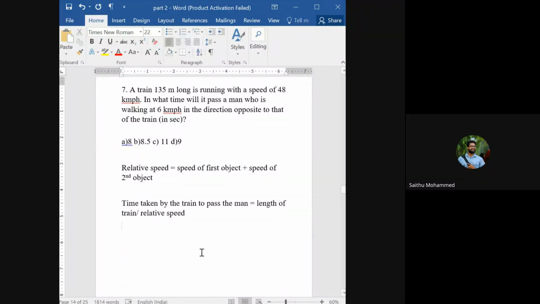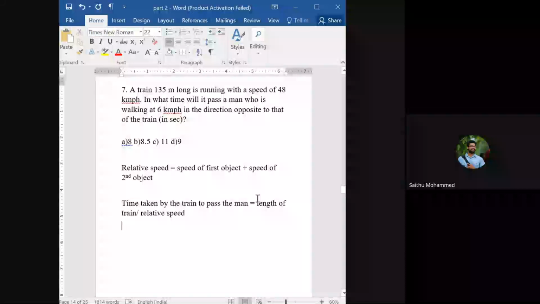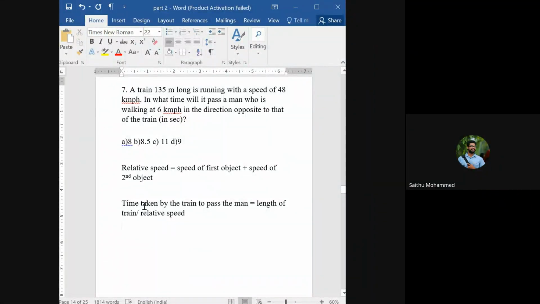We already have the length of the train. We only have to find the relative speed. Relative speed is equal to speed of the first object plus speed of the second object. Luckily, both are in kilometers per hour: 48 kilometers per hour and 6 kilometers per hour.